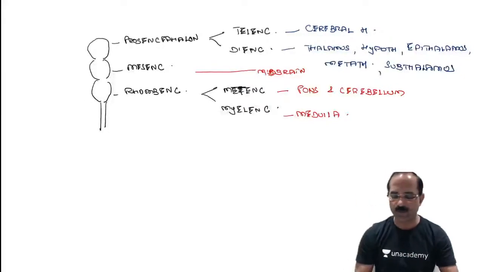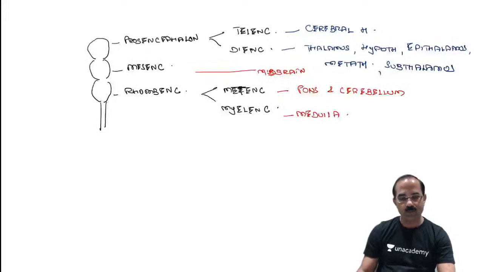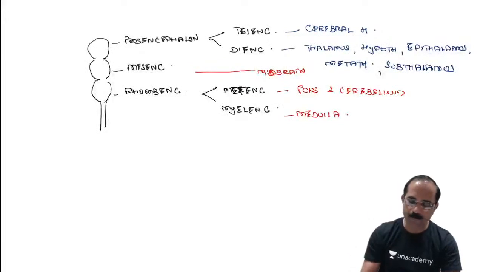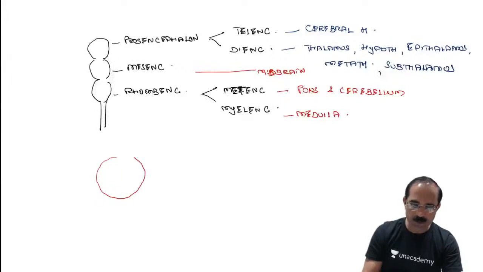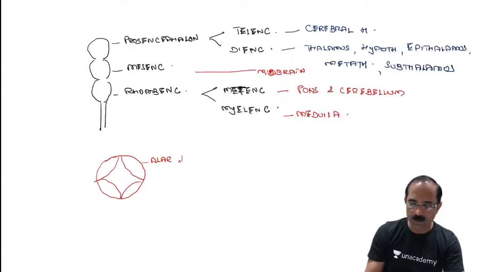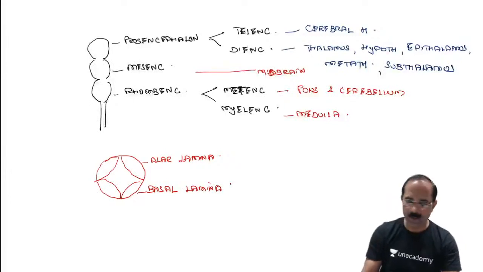Now, what I want you to understand is this. That's a neural tube. It is divided into the alar lamina and the basal lamina.